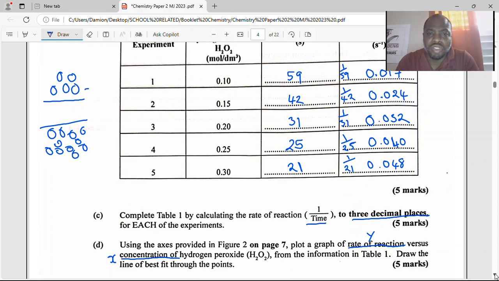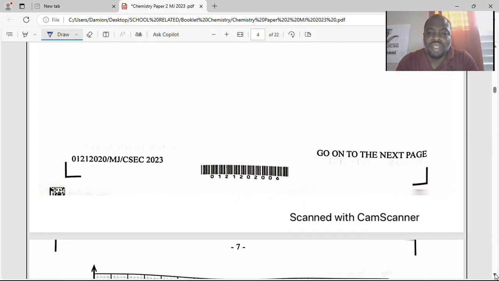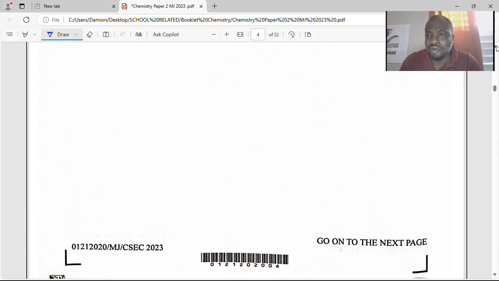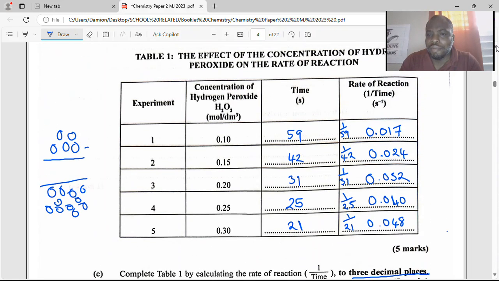So 0.1 to 0.017. We just scribble it right here, just using this as an example. 0.1, and we have 0.017.